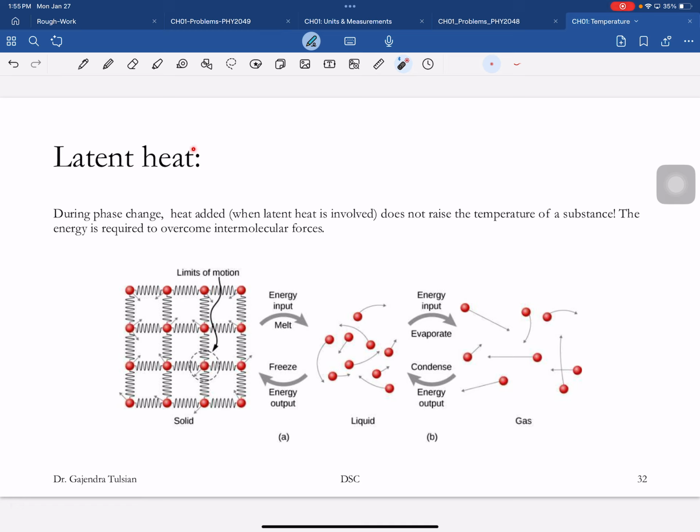All right, now we'll talk about latent heat. Let's say you go to your freezer and get a bunch of ice. The ice from your freezer is about minus 5 degrees Celsius, and you put it on the stove, what will happen?